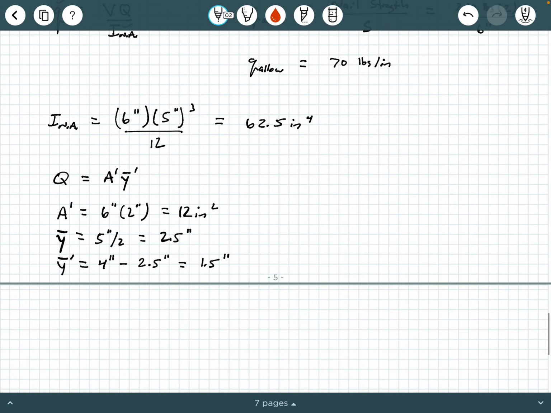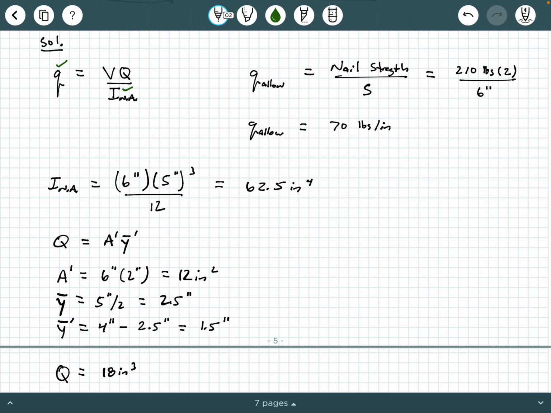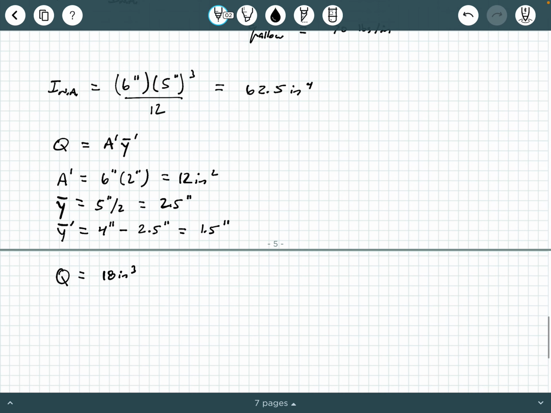And so finally, I can combine some things together and I can get Q is equal to 12 times 1.5, and so I get 18 inches cubed, all right? And now I can check off Q. So now I can do a little bit of rearranging and I can get V equals little q times I about the neutral axis, divided by capital Q, all right?